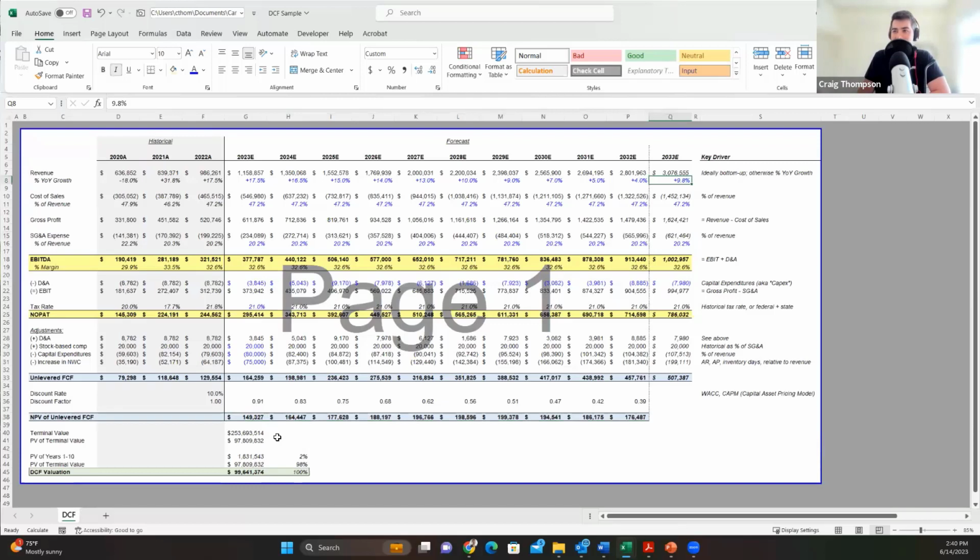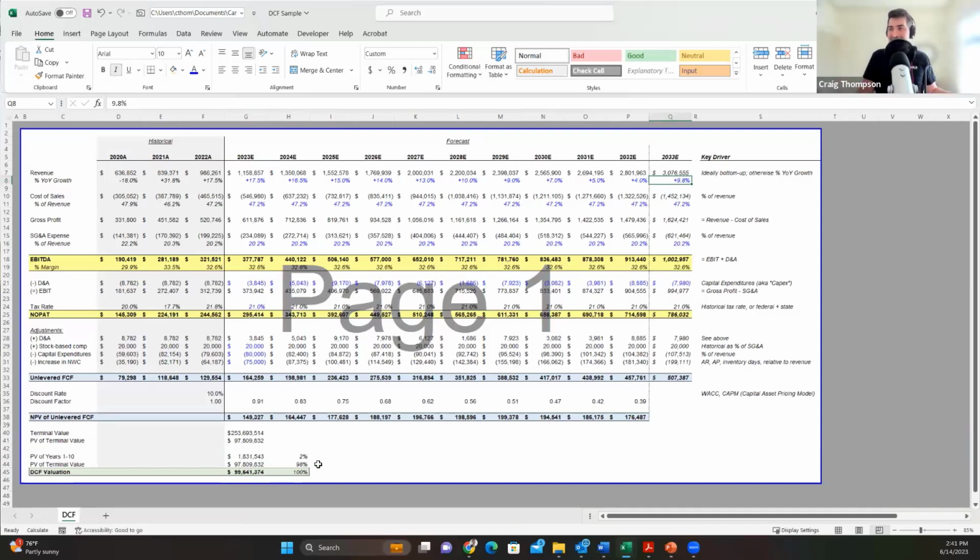The implication is that the present value of that terminal value calculation is so much greater than the present value of what I think is going to happen over the next 10 years, that my DCF value, my estimated value of this company, is so heavily dependent on this assumption about growth in years 11 and onward, that whatever I think is going to happen in the next 10 years basically does not impact the value of this business.